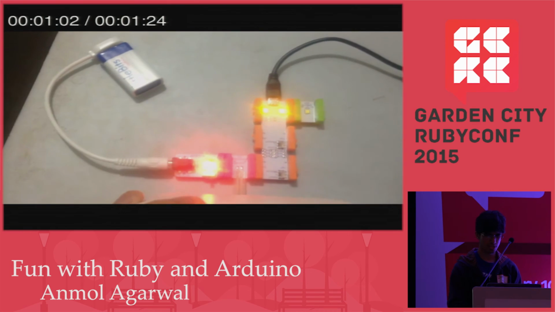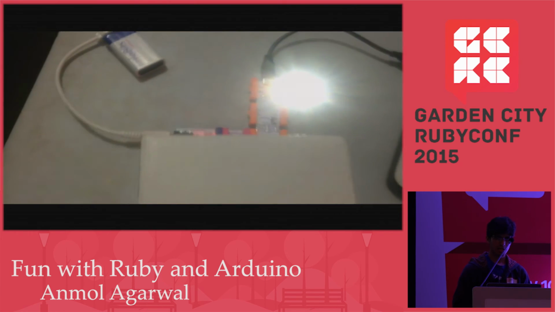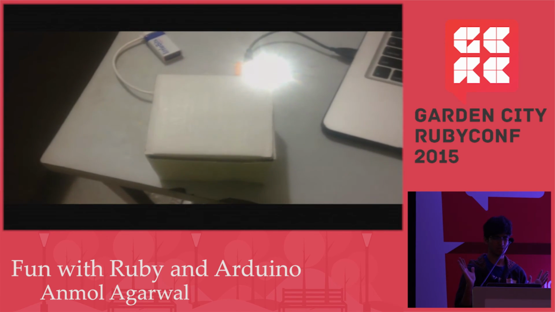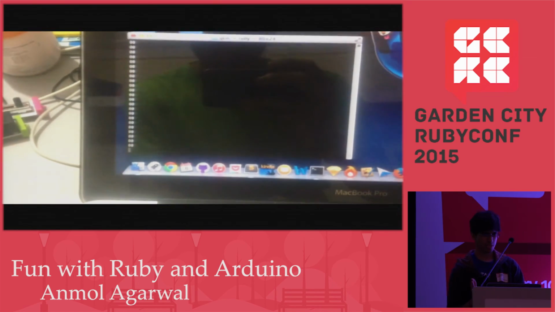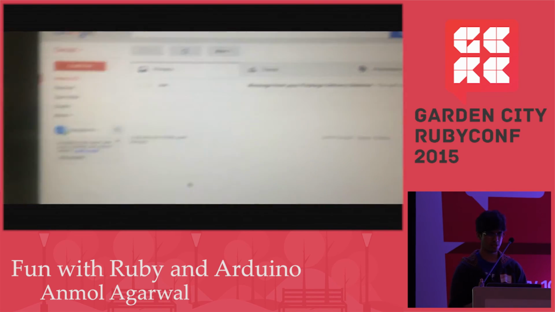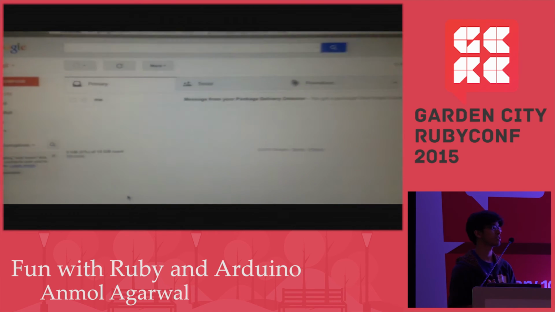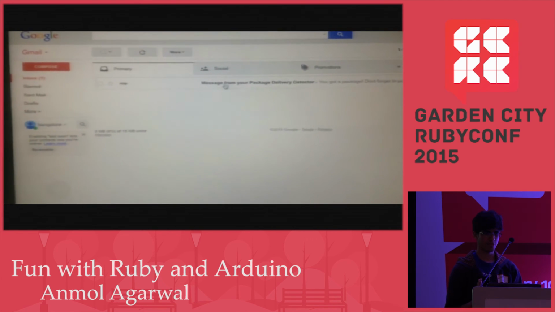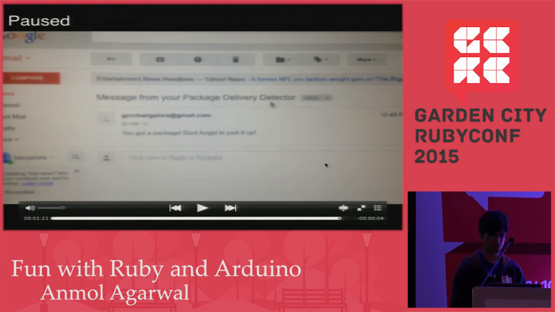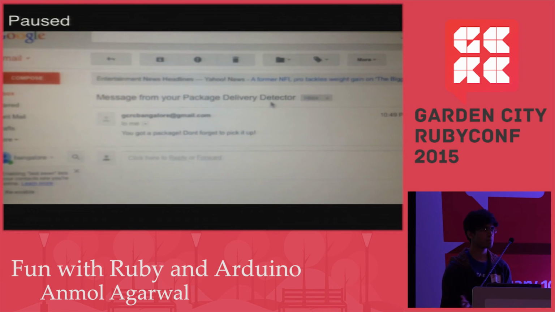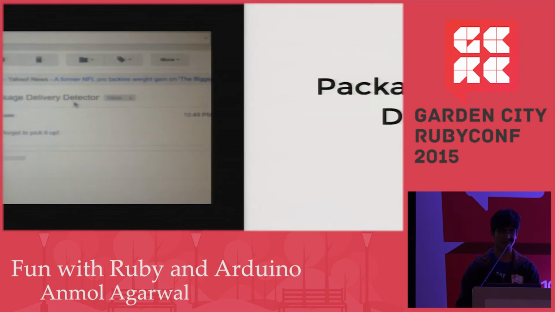I'm running it, and I just put a parcel on it for it to detect something. And if I check the email, I got the message. And if I go into it, I can read, you got a package, don't forget to pick it up. So that's one practical application.